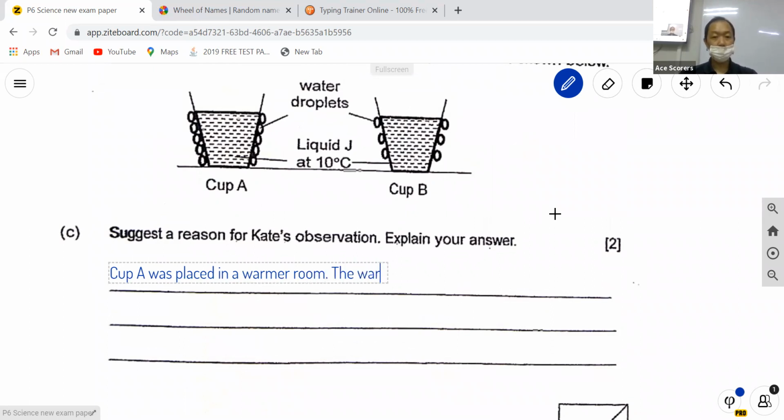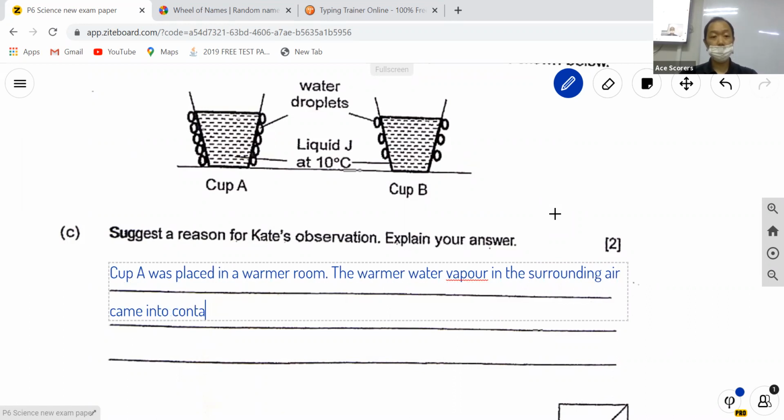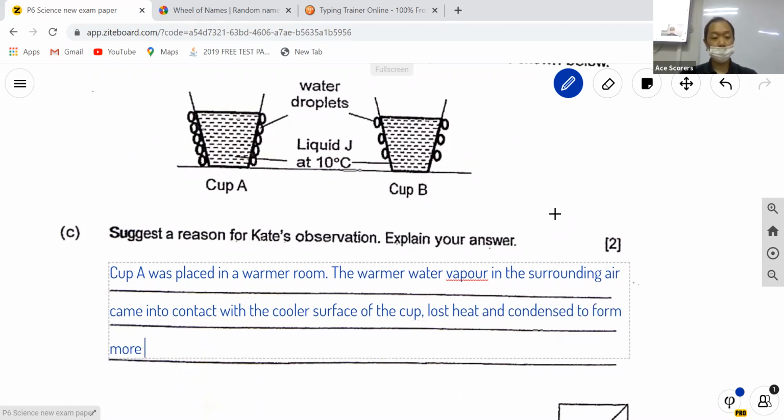So the warmer water vapor in the surrounding air came into contact with the cool surface of the cup, lost heat and condensed to form more water.